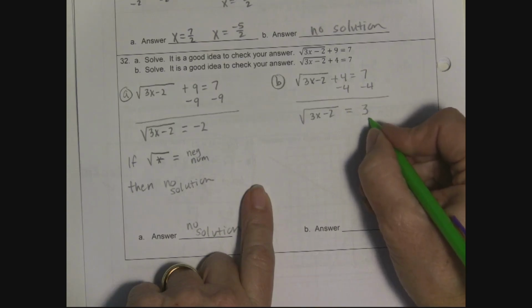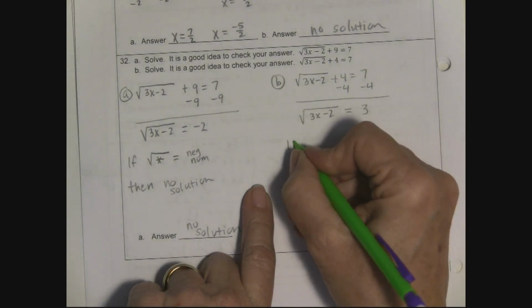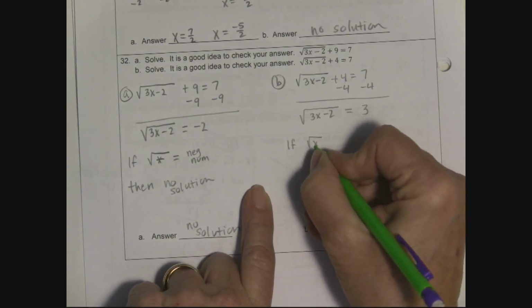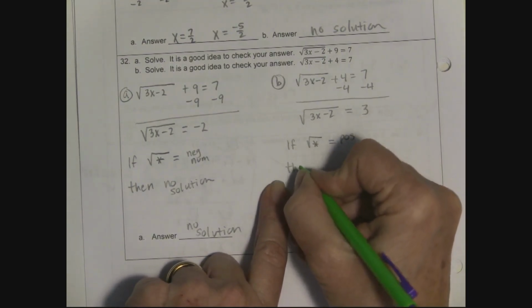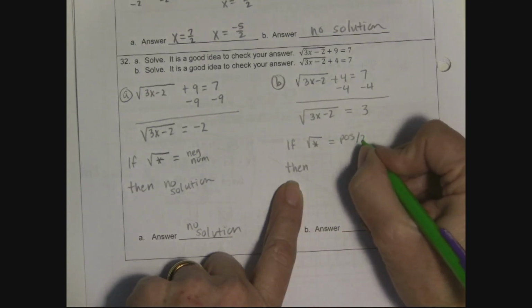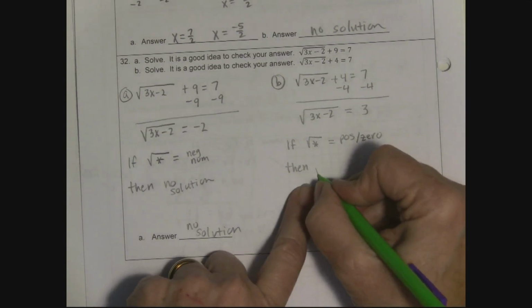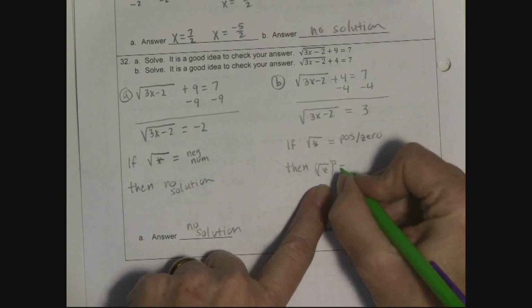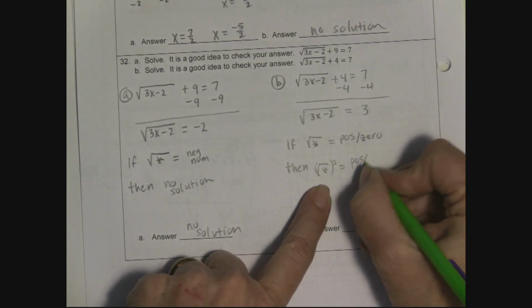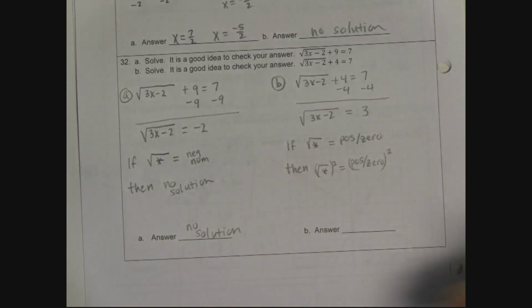If you have the square root of star equals a positive number, this could also be 0, positive number or 0, then what you do is you square both sides. And then you solve normally.